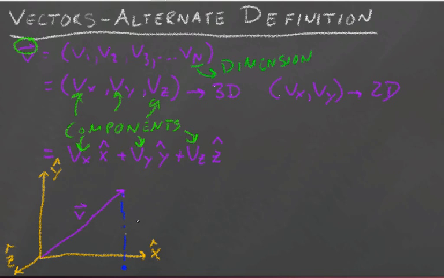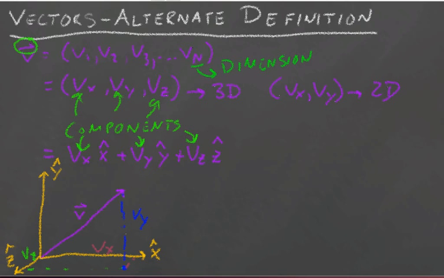Okay? This height would be the y component, vy. If we look over here, this would be vz. This is the component in the z direction. And so then that means that this part of the vector over here, from here to there, is vx. So this gives us a graphical way.